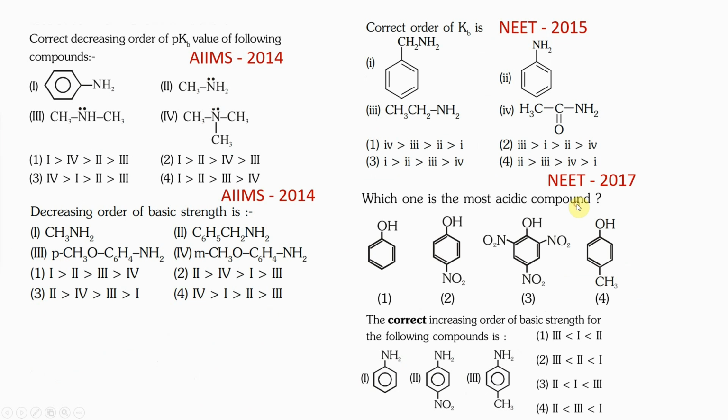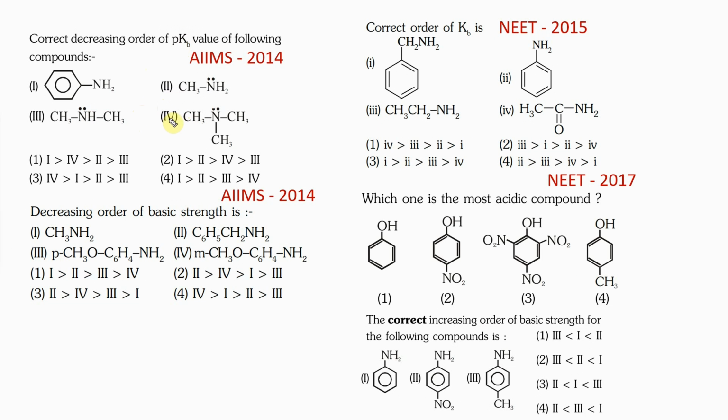Alright, now we'll go into a few more examples. I know that it's a lot of examples, but we have to do examples to get stronger in this. Correct decreasing order of pKb. So they're talking about pKb, which is the opposite of basicity. For basicity, first you have to look into alkyl amines.